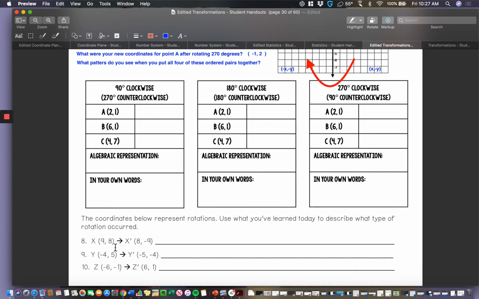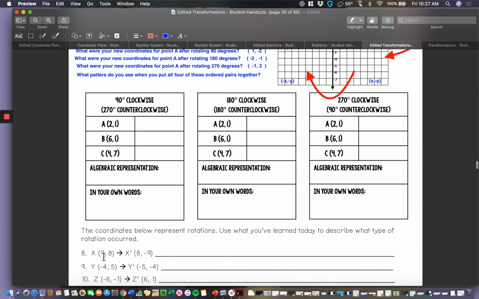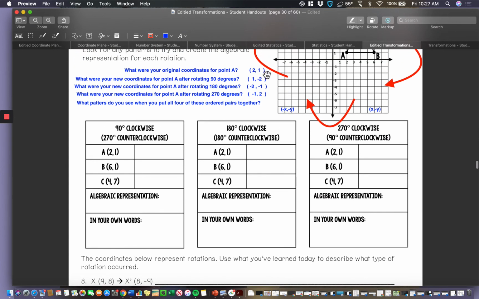So they want to know what's happening to these points. Your original here was 9 and 8, and then they rotated it to 8 and -9. So what type of rotation was that? Let's take a look. Here we had a positive and a positive, and then a positive and a negative.